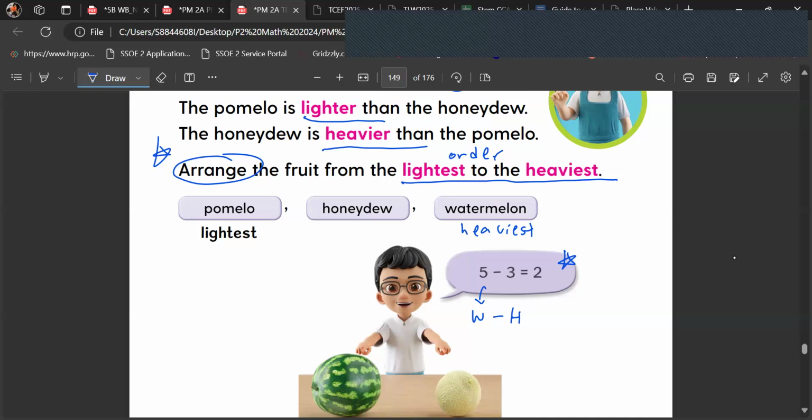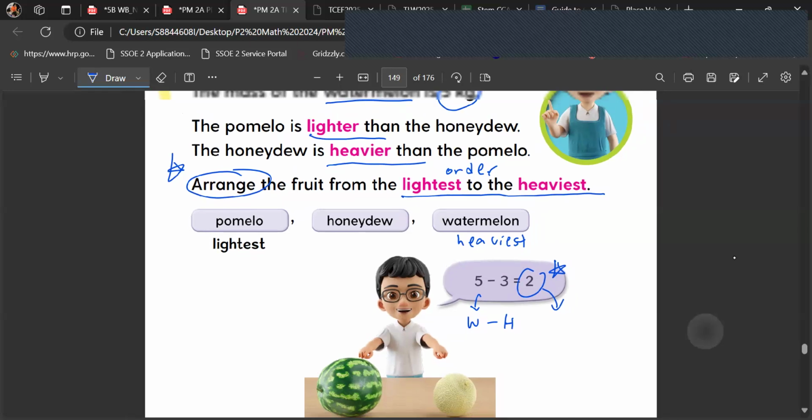Yes, Manita? That's correct. So that you can find how these two fruits are not the same from each other. So you are looking for the difference between the watermelon and the honeydew.